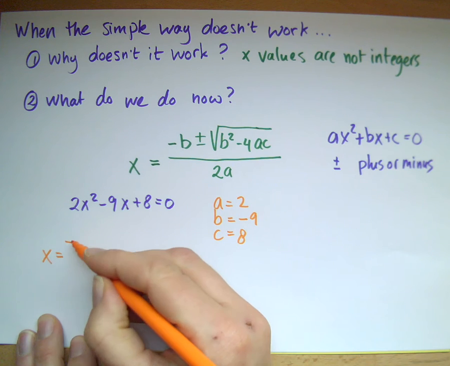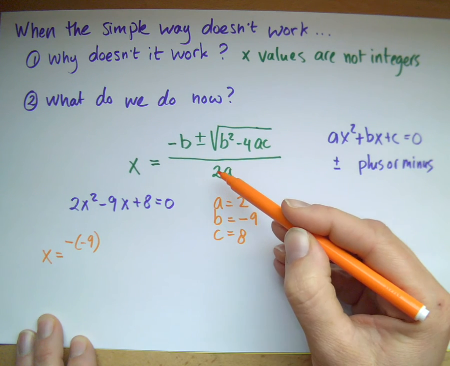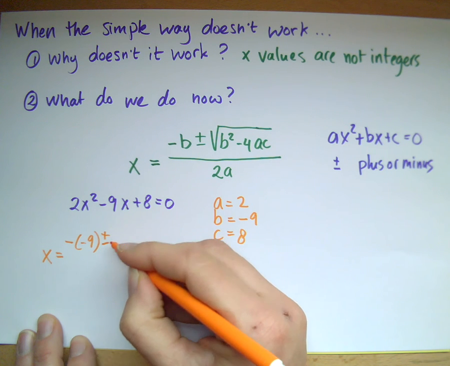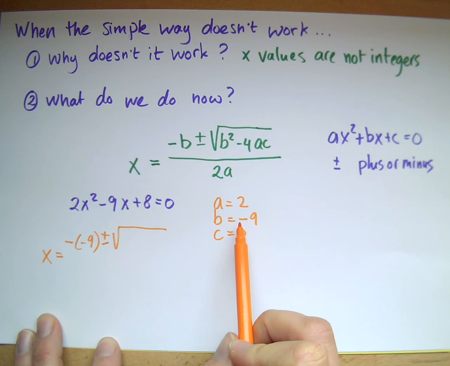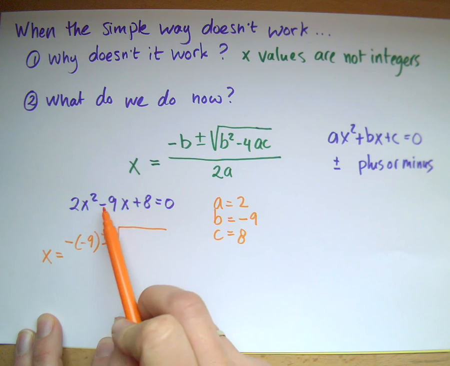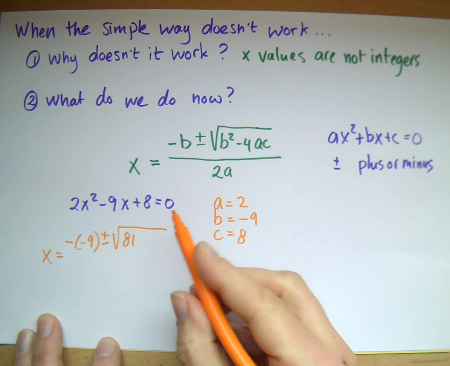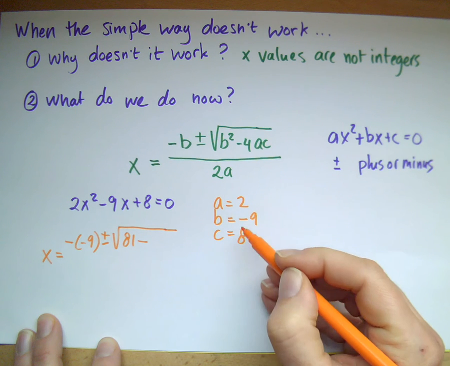So to find our answers for x, x equals -b. B is -9, so we plug that in. Let's leave plus or minus, make that distinction later. Square root of b squared, 9 squared is just 81, right? Minus 4 times ac.